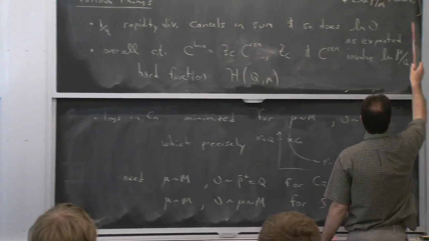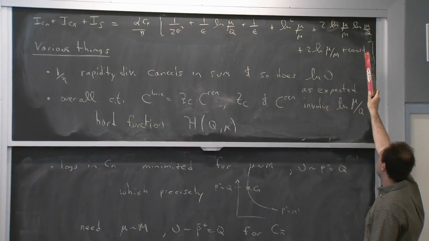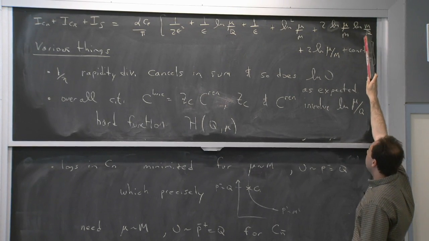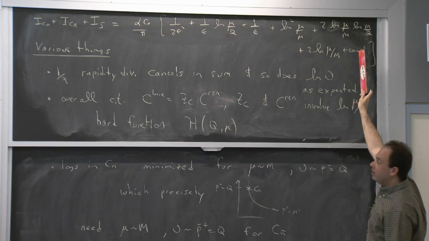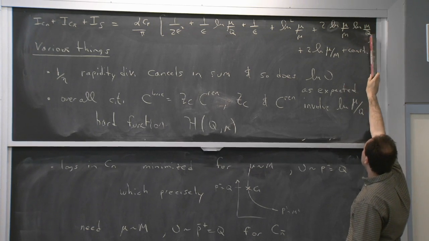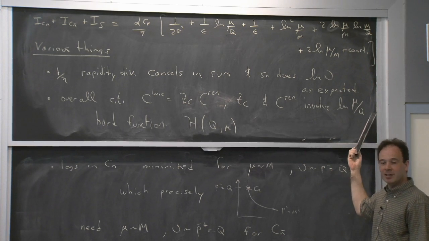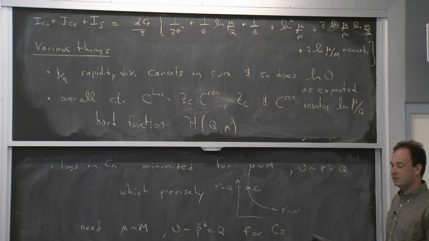You have this log of m over q, in this kind of complete decomposition. The way that logarithm gets made up is by having m over ν and ν over q. So in order to get this log that doesn't have any μ's in it, μ is not telling you that there's that large log, but there is a large log. So there are large logs associated to these rapidity divergences.